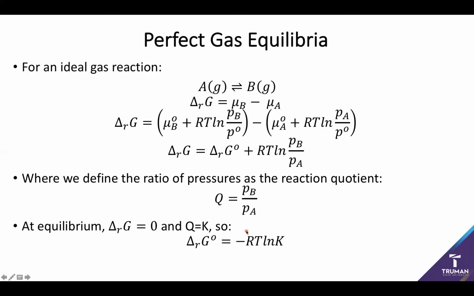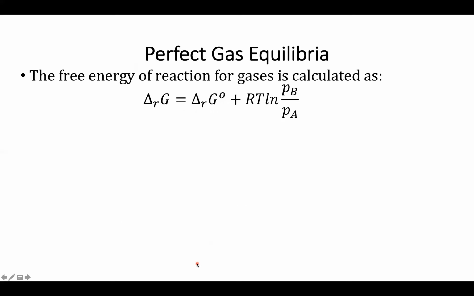And this is, in my opinion, one of the more important relationships in chemical thermodynamics, as it gives us a look at where a reaction reaches equilibrium simply with regard to the standard state conditions.